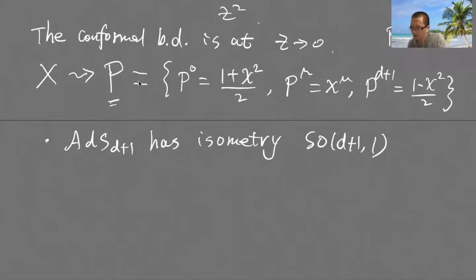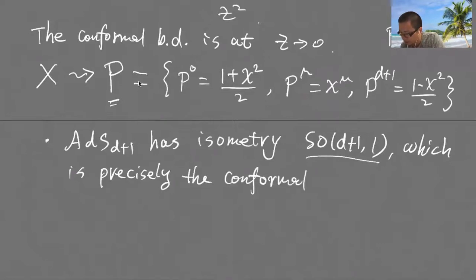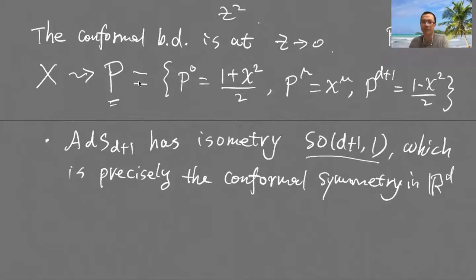And as I said previously, SO(d+1,1) is precisely the conformal symmetry in R^d. So therefore, this is one of the important indications of AdS/CFT duality. Why does AdS have anything to do with the conformal field theory?